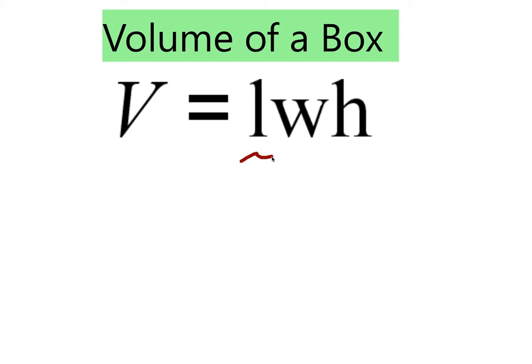All right. A box or a rectangular prism is the same thing as a box. So let's do an example. I guess I can draw it like I did on the first page here. Okay.